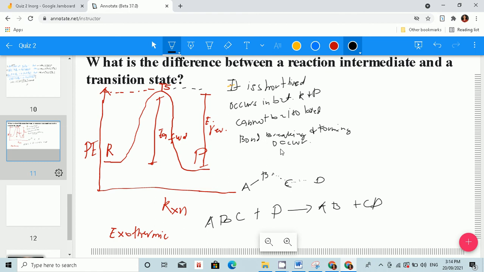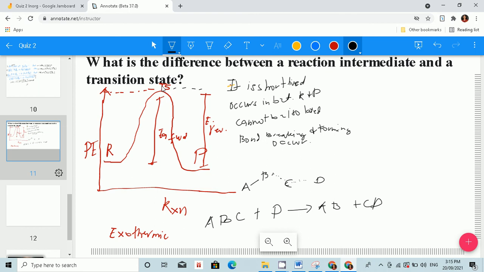So imagine if you are hopping, you start from the ground, and then you transcend up to the air. The moment when you are going to go down, but still you are in the air, before you go down, that is the transition state.